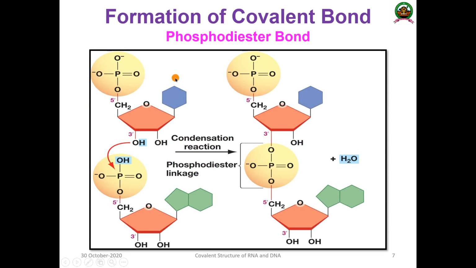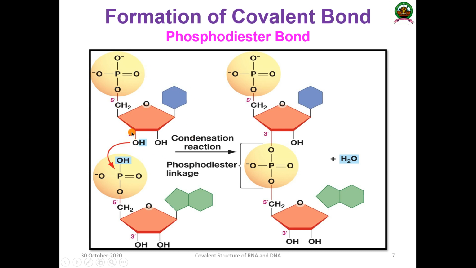Now we will see how the formation of the phosphodiester bond happens. Here you can see this is the sugar. This is the first position. Here you can see the nitrogenous base. This is the glycosidic linkage, and here you can see C1, C2, C3, C4 and C5. Okay, as I said, this is the nucleotide.